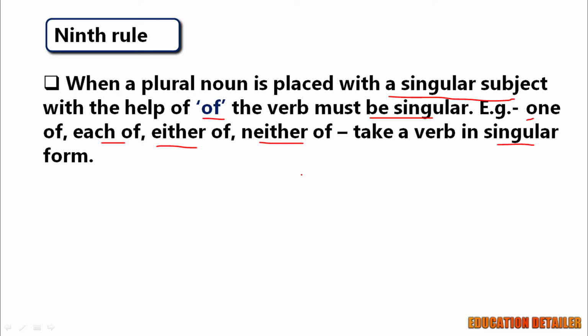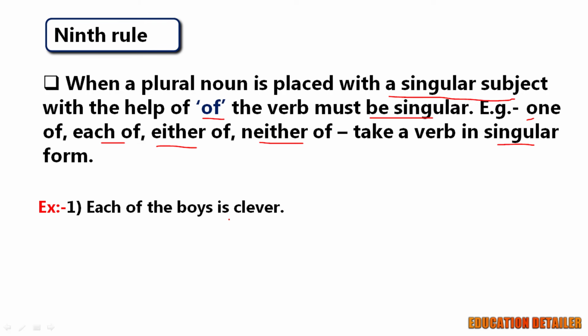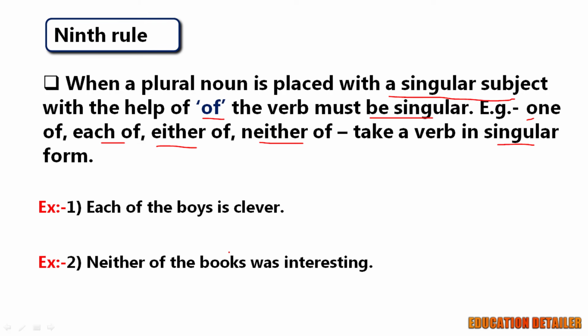Like in the example that I have given in the beginning of this session, each of the boys is clever, not are clever. Note down the rule. Neither of the books was interesting. After each of and neither of, the nouns are plural, but the verbs we use are singular.